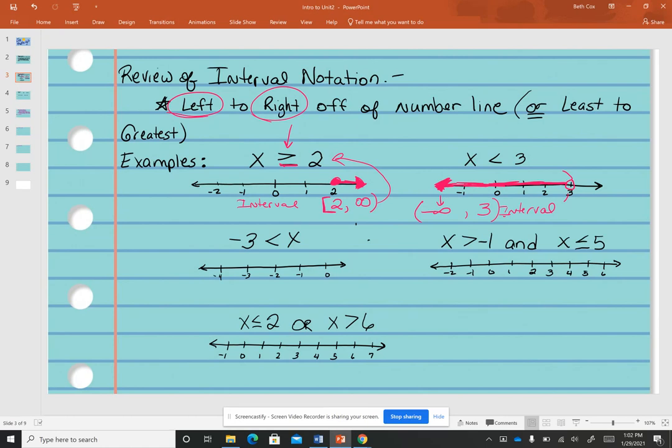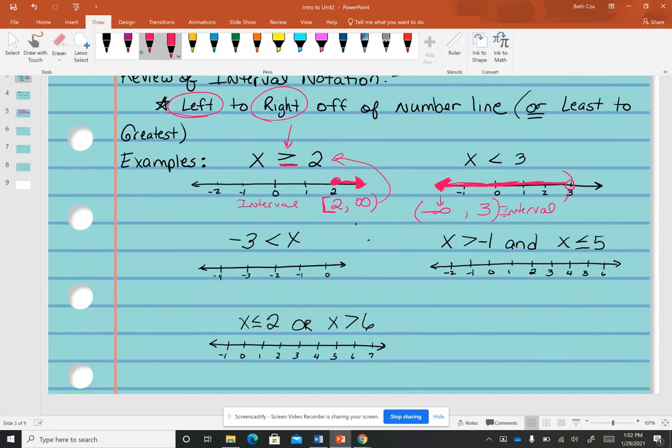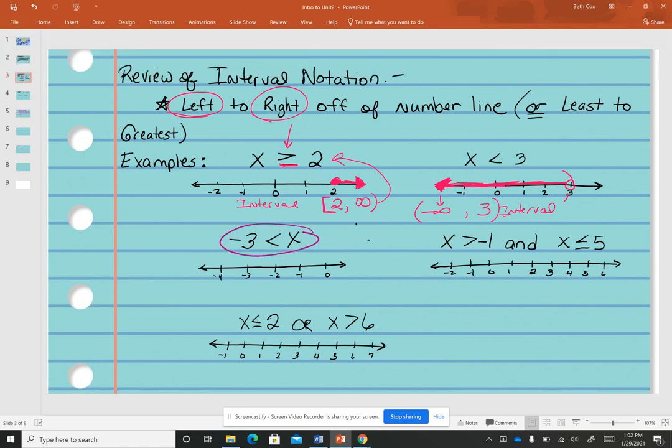Here we go. All right, now this next one is backwards, so I'm going to flip it around. I don't like the variable on the right. I want the variable on the left. All right, now the alligator's eating the variable, so when I flip it, I need to make sure that the alligator is still eating the variable.